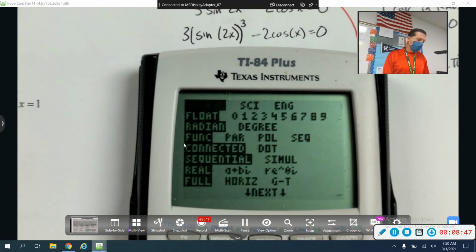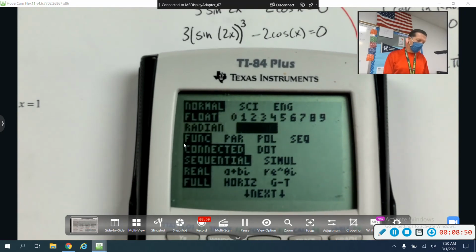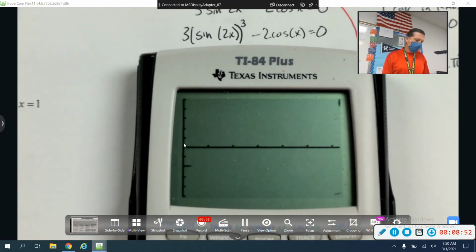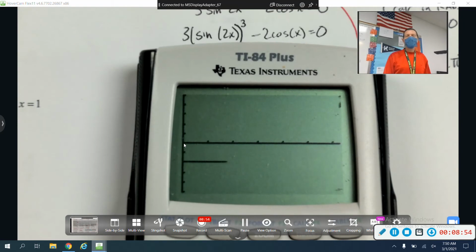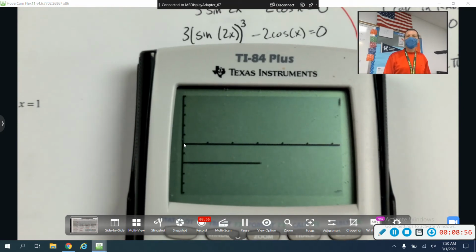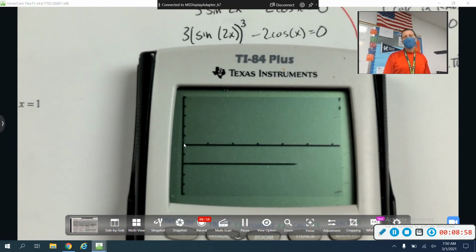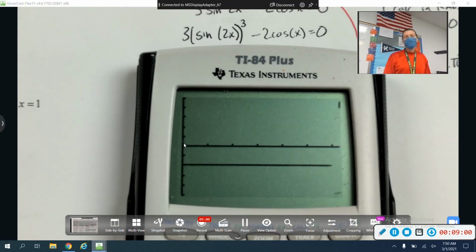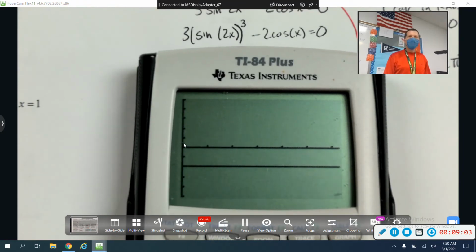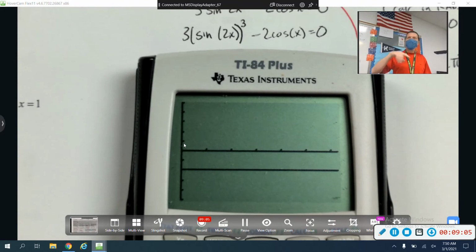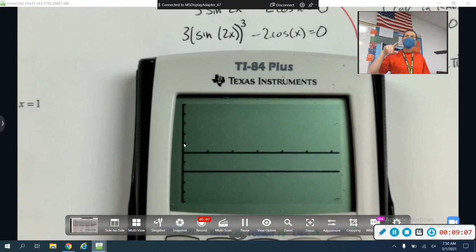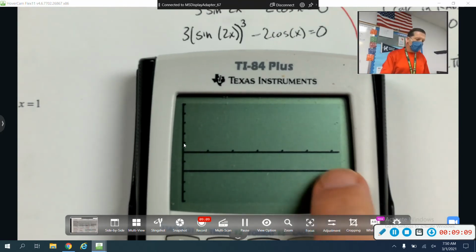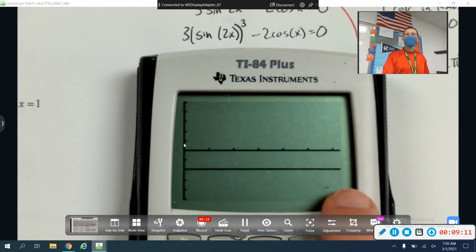Oh, yeah, if you want to see what happens when you're in degrees, here's what happens. Basically, not much is usually the answer. So if you get a graph that looks like a straight line somewhere, and if you think about it, the reason is 0 to 2 pi is all the way around, right? That's a full revolution on the unit circle. This is 0 to 6, but 0 to 6 degrees.